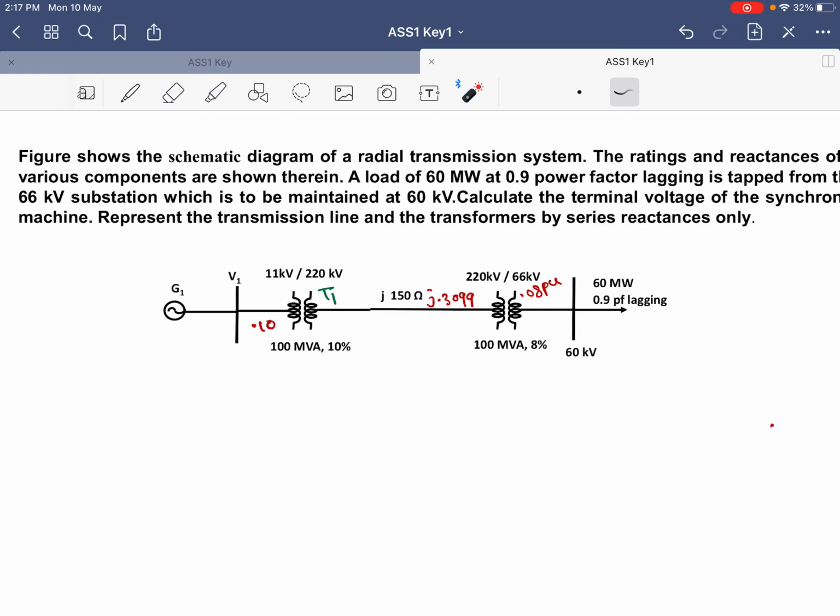It simplifies the change in the potential at different parts. Here it is 11 kV, here it is 22, here it is 66. In the normal case, it is not possible to add the reactances directly. But once you convert that into per unit values, it is very easy to add all the reactances together and calculate on the basis of per unit values.